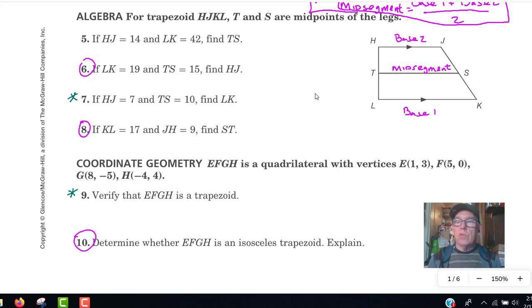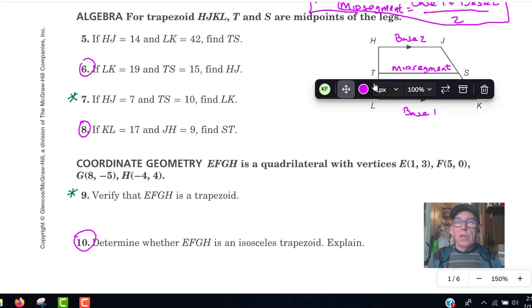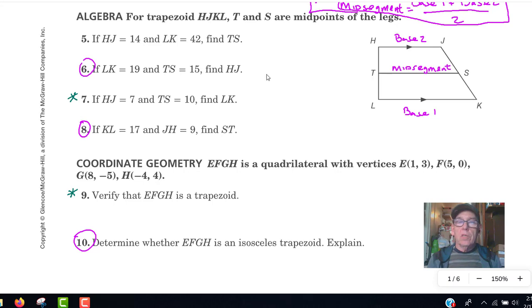Let's look at number 6. They're telling us that LK is 19 and TS is 15. So we've got double the mid-segment is the sum of the bases. So double 15 is going to be the sum of LK, which they give us as 19, plus whatever HJ is.